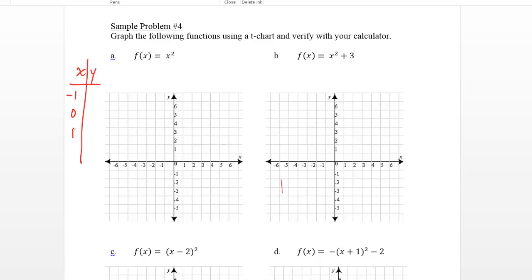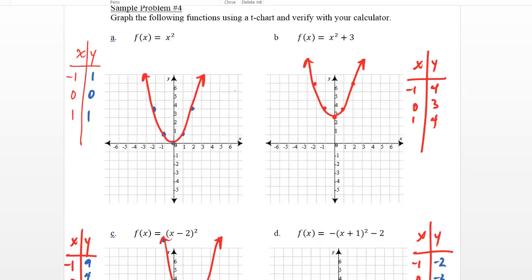Now, I can tell you as these graphs translate or reflect or scale, that different x values are going to be needed. So -1, 0, and 1 will not always give you the complete picture or the best picture, so keep that in mind as well. So go ahead and stop the video, do the best you can to graph these 4 functions, and come back and take a look at the solutions.